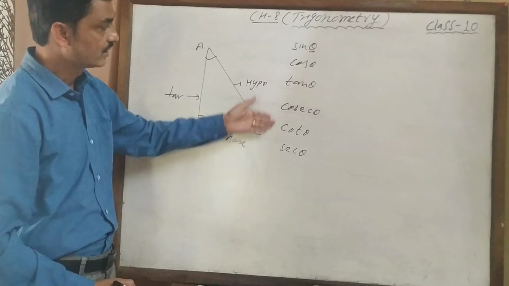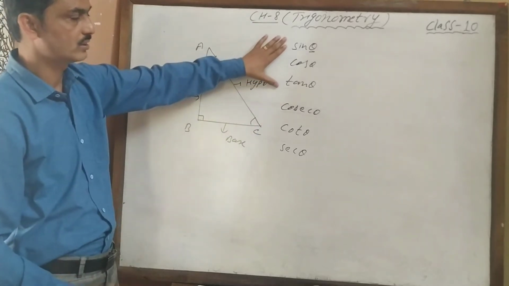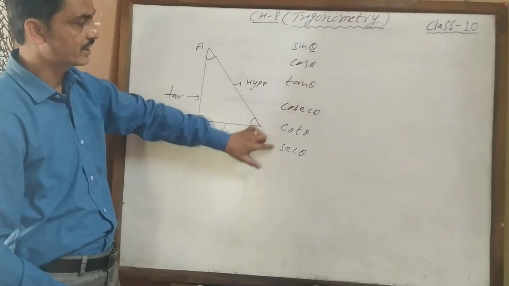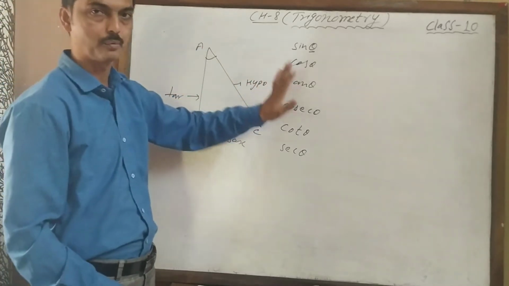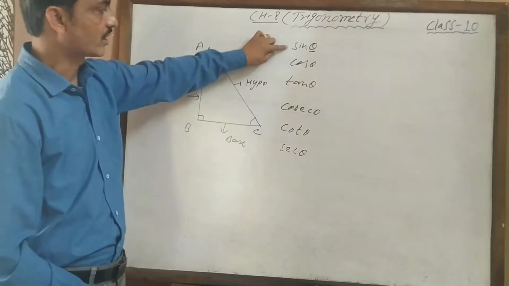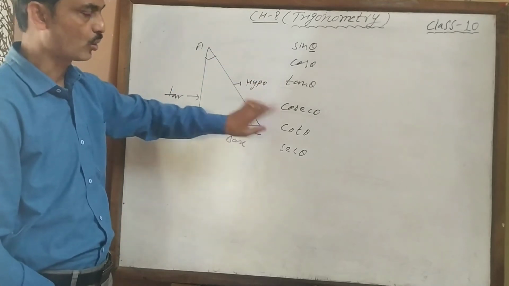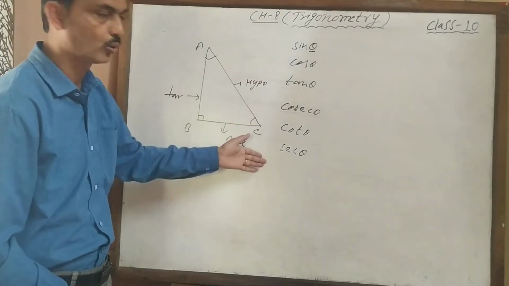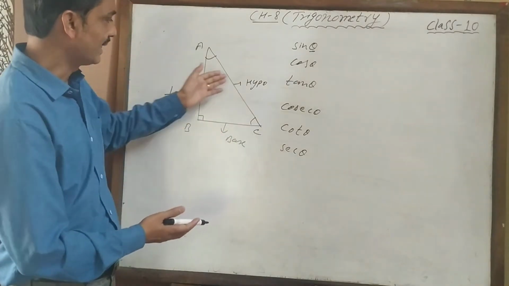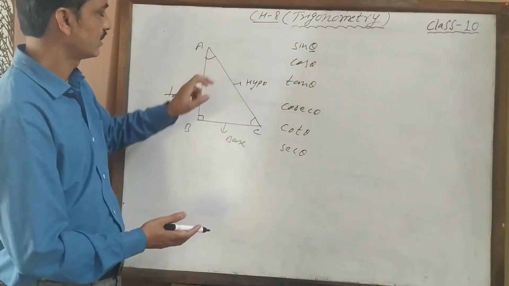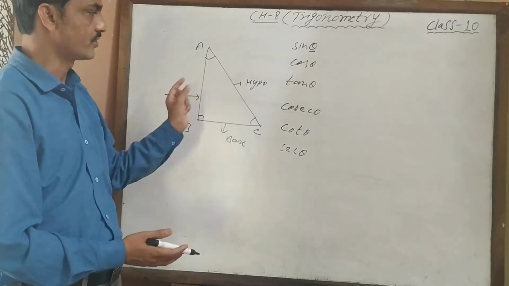These six ratios. Actually three are there, and the rest of the three are reciprocals of these three respectively. I will explain one by one. These six ratios we will discuss, how the sides and angles are related to each other.